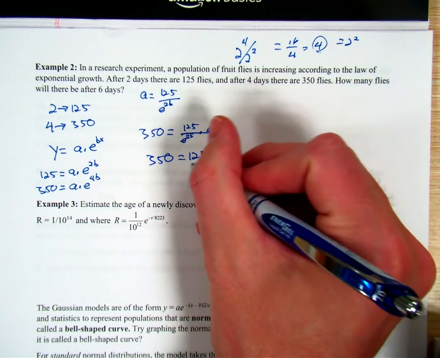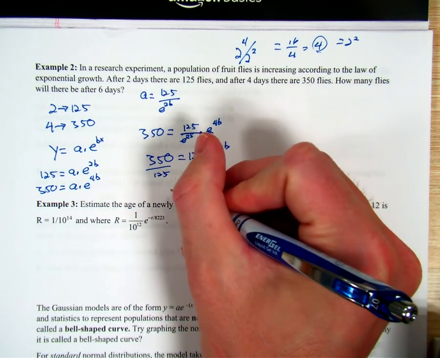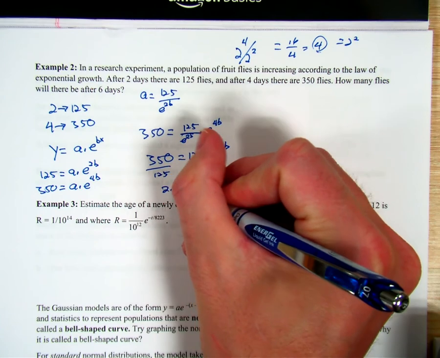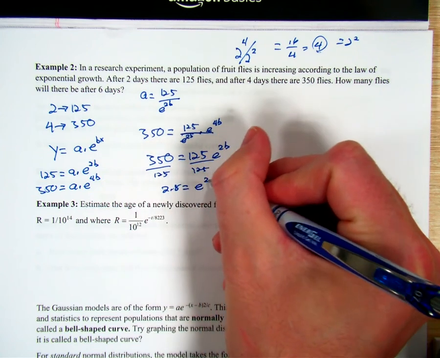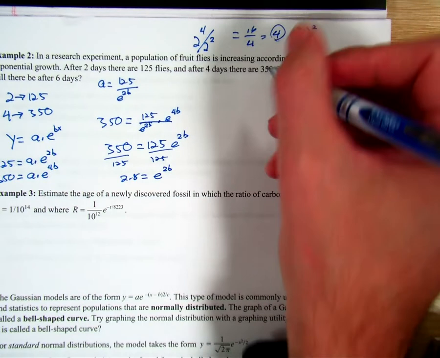We're going to divide by 125, and we get 2.8. We'll natural log.